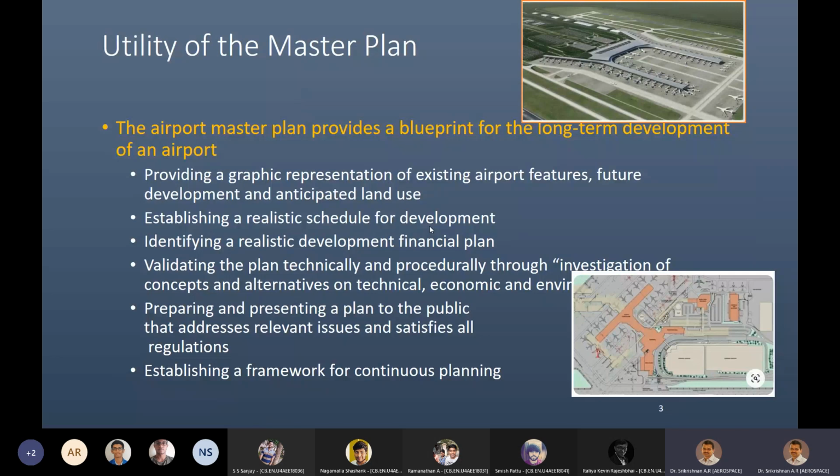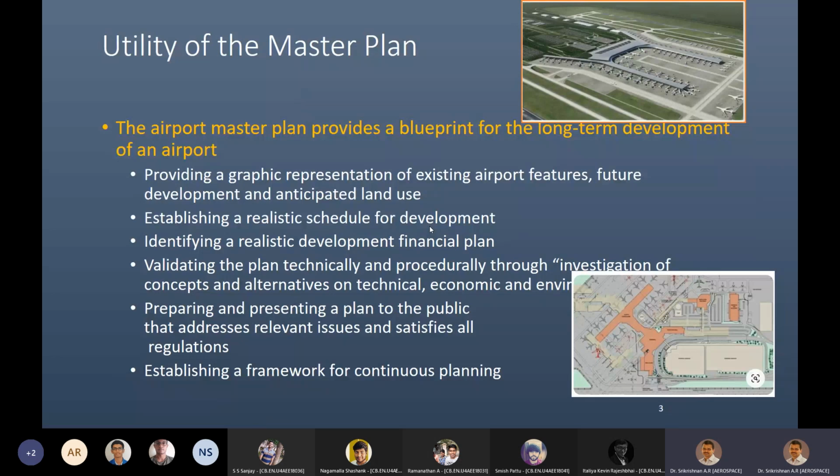All that has to be explained, and there also the master plan is going to be useful. And for further continued growth, this is going to be the source as well. For further expansion also, the current master plan is going to be useful.